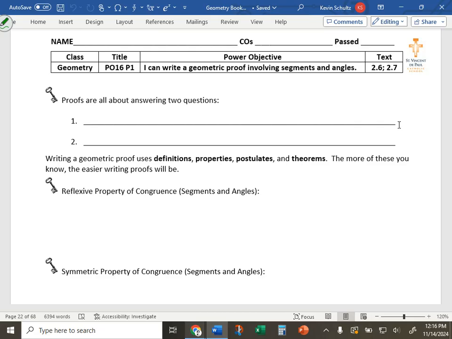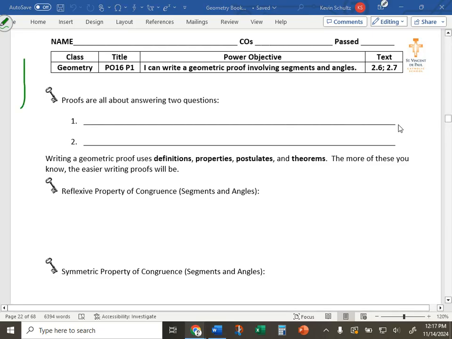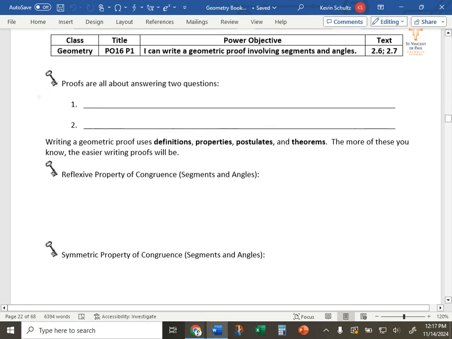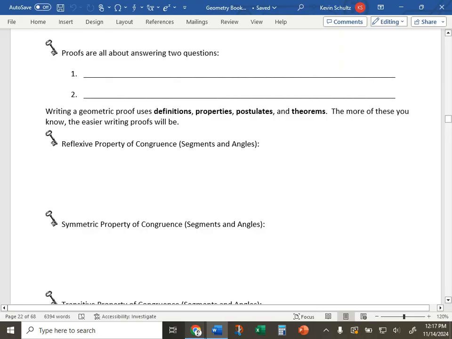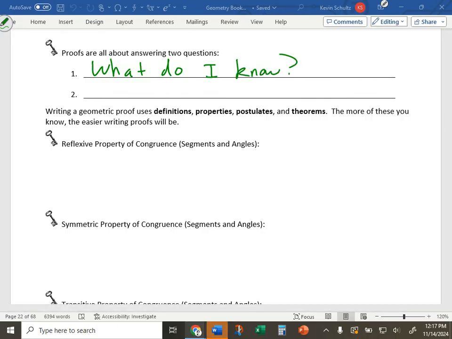Okay, so writing a proof. It'll be a try 2 grade, yes. Proofs are all about answering 2 questions. The first question when writing a proof is, what do I know?